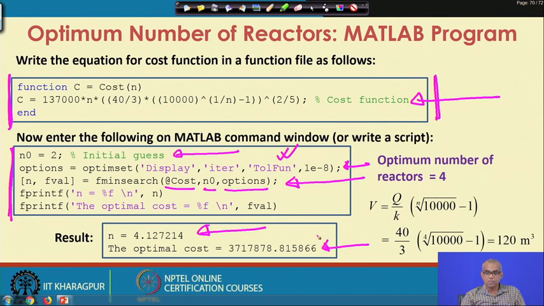So, although the value is slightly greater than 4, we can, let us say, consider the optimum number of reactors that are required is 4. So, if we consider that, the volume of each reactor can be computed now, because we know the relationship between the volume and the number of CSTRs n, and this gives me the volume of each CSTR as 120 meter cube.